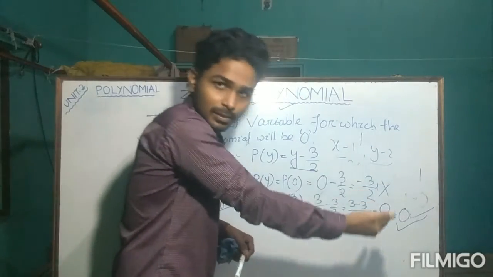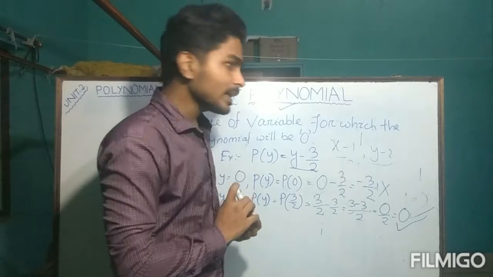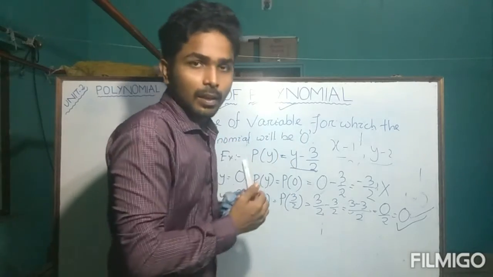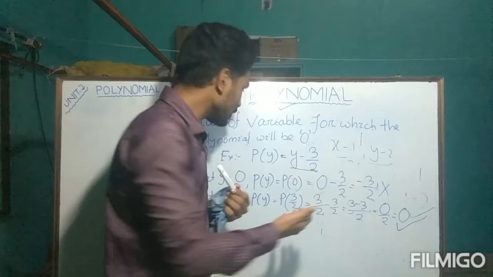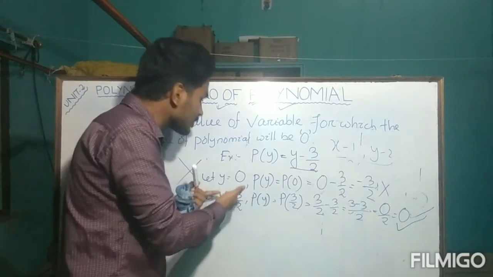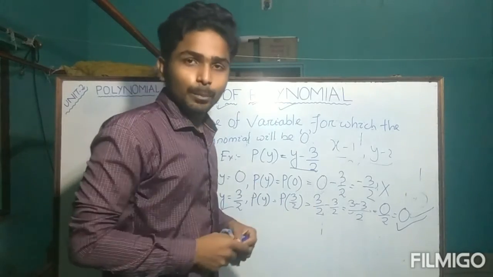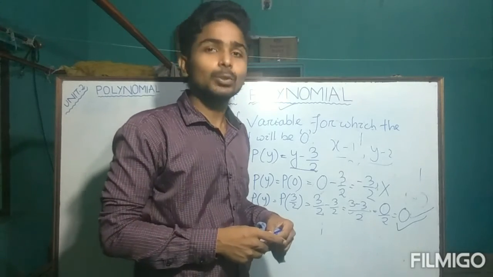If it comes 0, then we can easily define its 0. But if the polynomial is too long or very complex, then what will we do? How can we use this trial and error method? How can we put various values of x to find the value of the polynomial? It will take too much time. So what can we do?